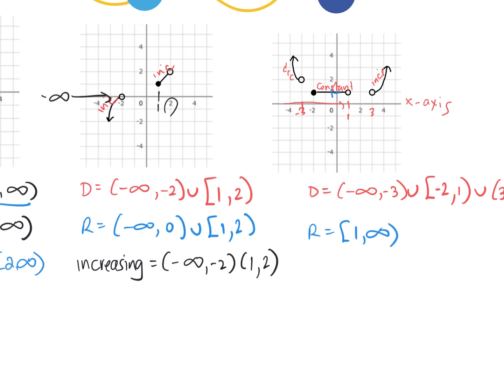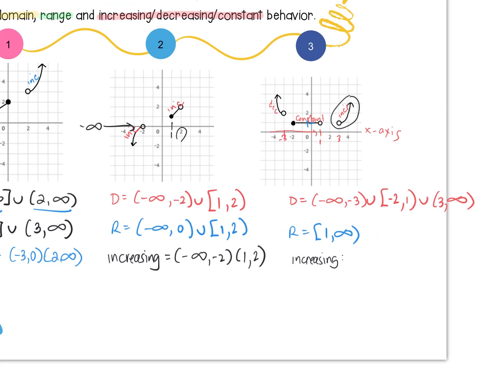So again here, when I write these, increasing, I'm going to match what I wrote for this section in my domain. In this section in my domain, it was x is 3 to infinity, so this is 3 to infinity, all with parentheses. My constant is going to be this part of my domain, so negative 2 to 1.